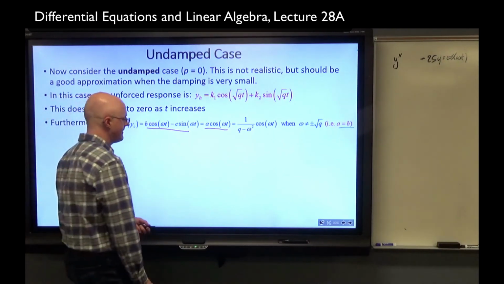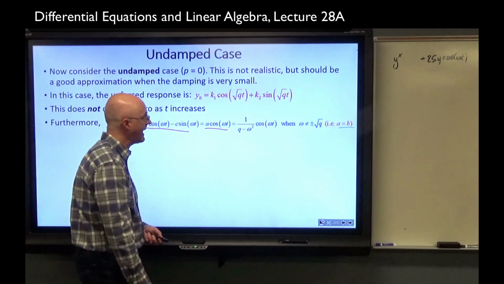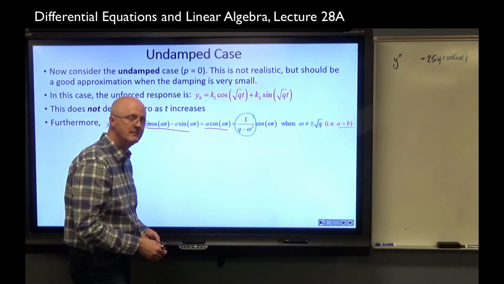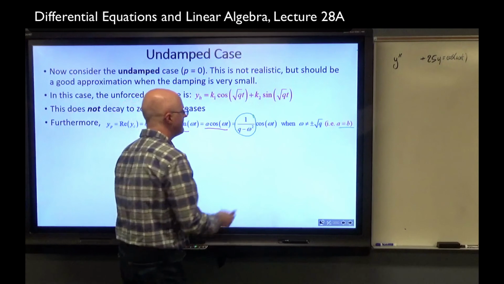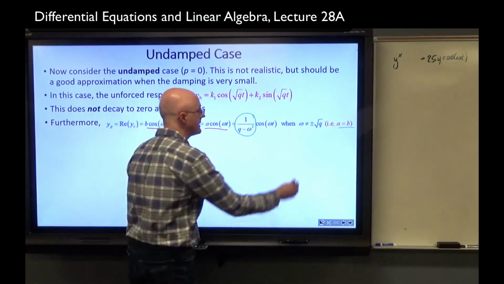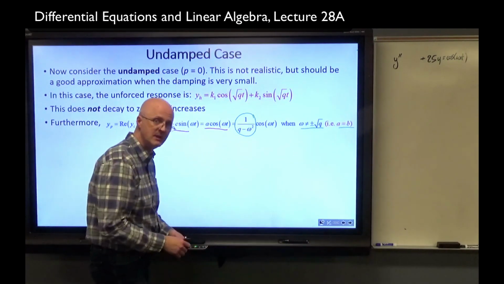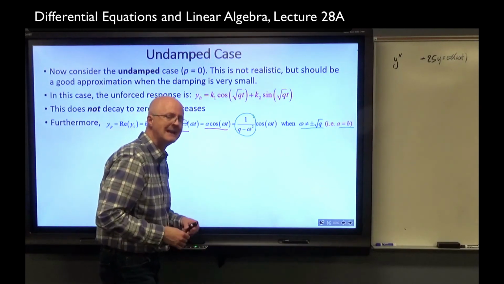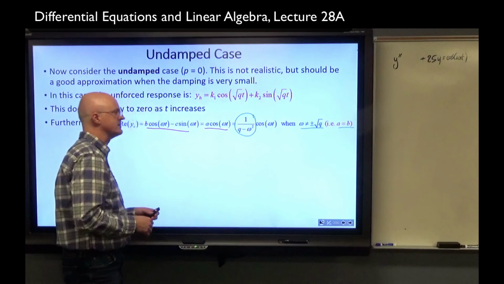And the A, in that complicated formula for A, will end up simplifying to 1 over q minus omega squared, as long as we're not dividing by 0, at least, as long as omega is not plus or minus square root of q. And actually, we're usually considering omega to be positive, so we can usually just say omega is not equal to positive square root of q.